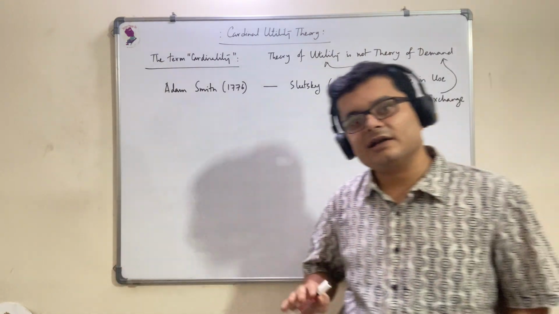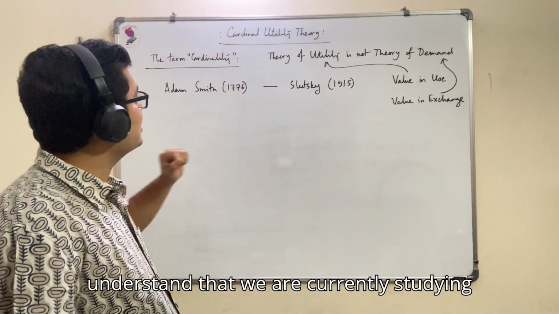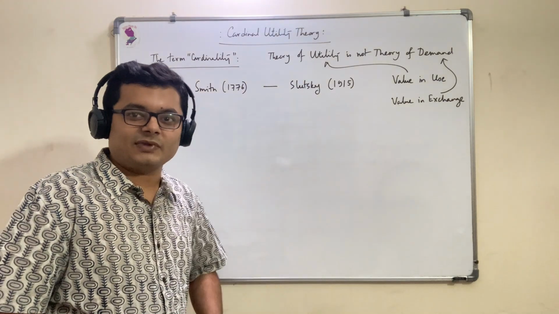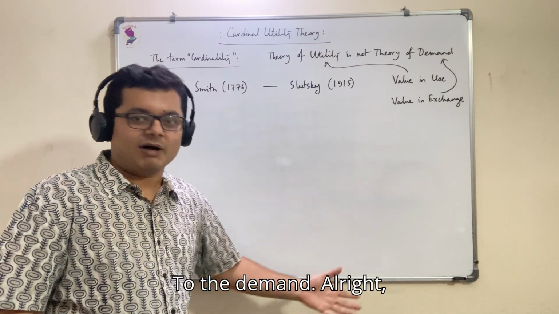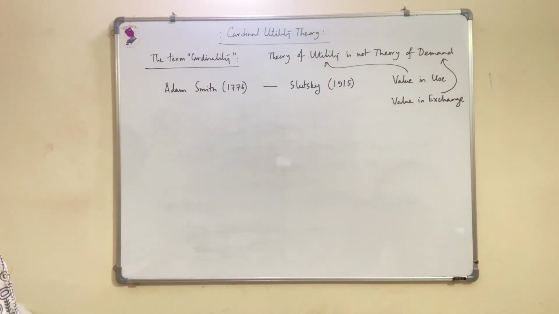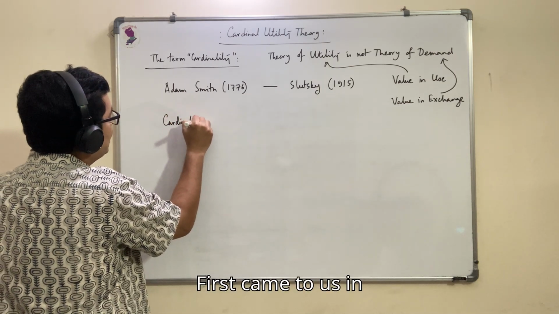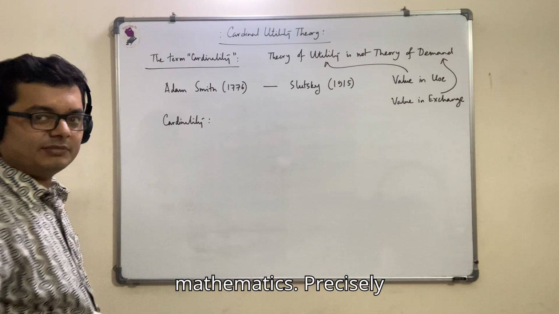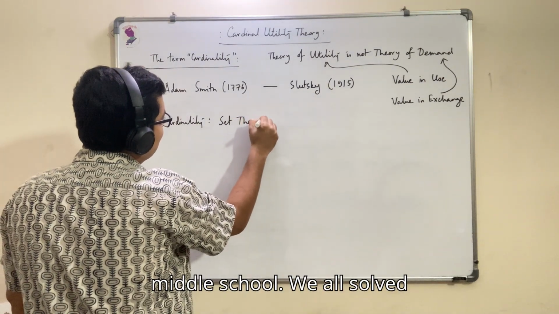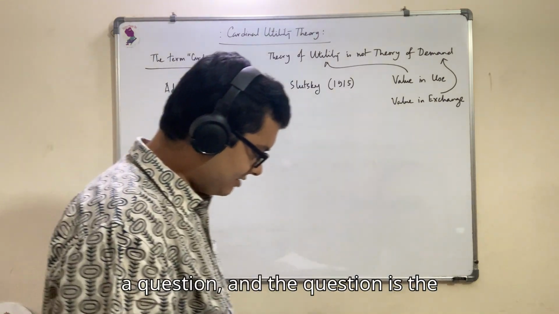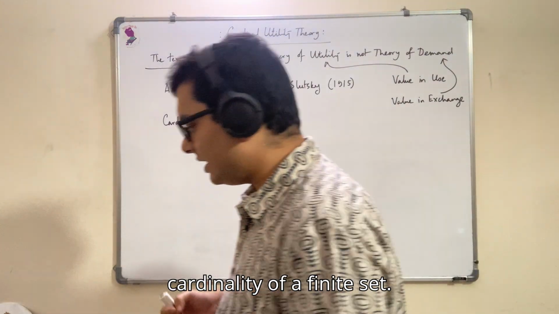With this clear in our heads, we now understand that we are currently studying the cardinal utility theory, and then we'll eventually come to demand. Alright, the word cardinality first came to us in mathematics, precisely in set theory. In middle school, we all solved a question about the cardinality of a finite set.